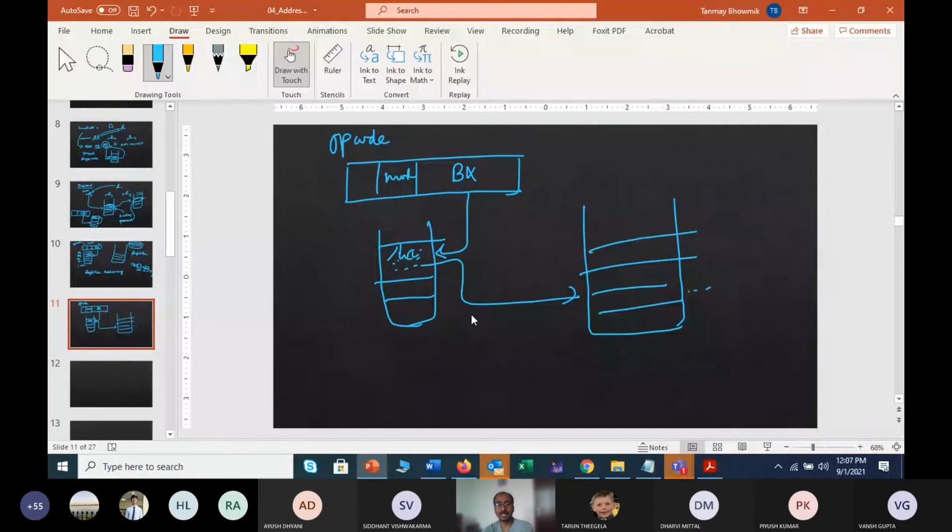You are not getting the operand directly from the register; rather, you get the data indirectly from the memory location that is given through the register.